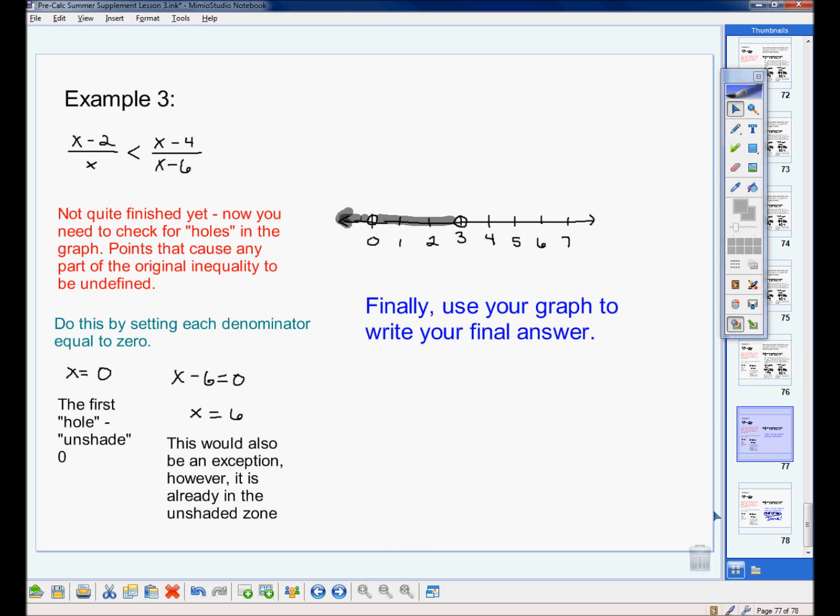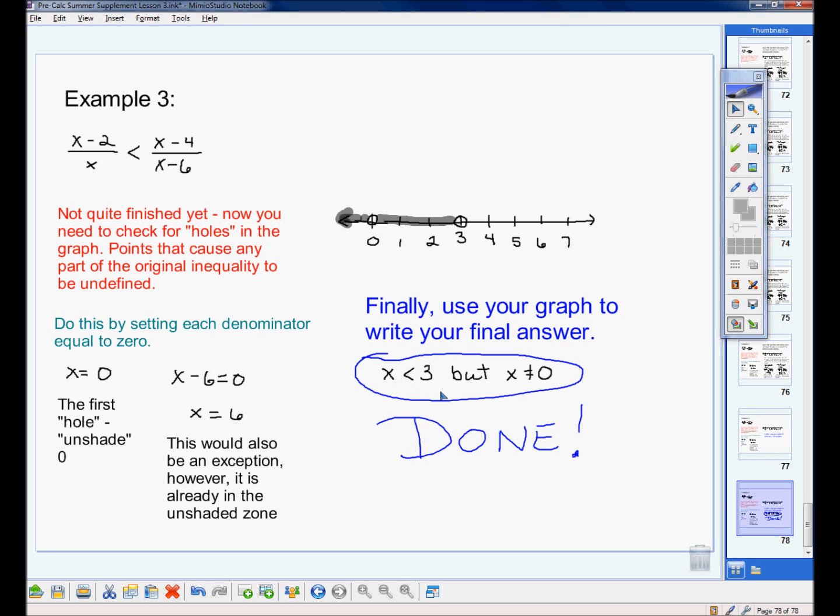We use the graph to write the final answer. So the answer is x is less than 3, but x can't be 0. x is less than 3, but x is not equal to 0. Then you're finally finished with the answer.